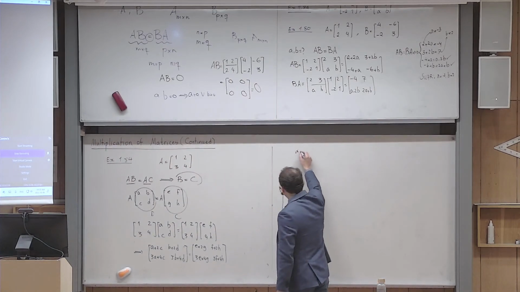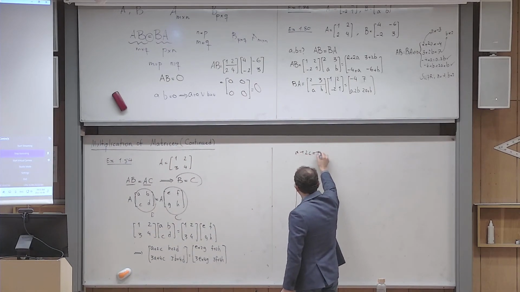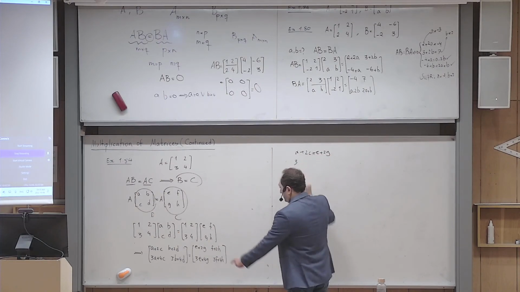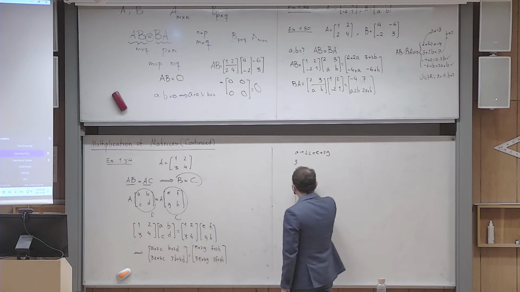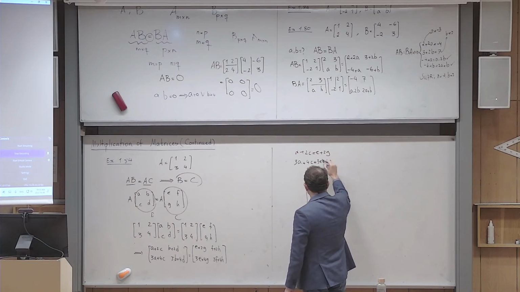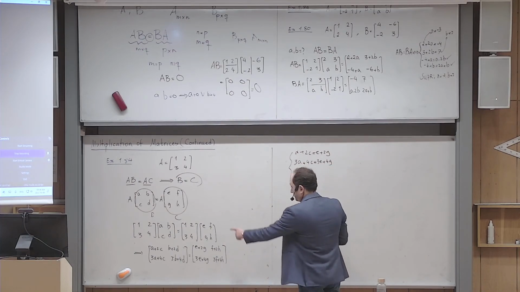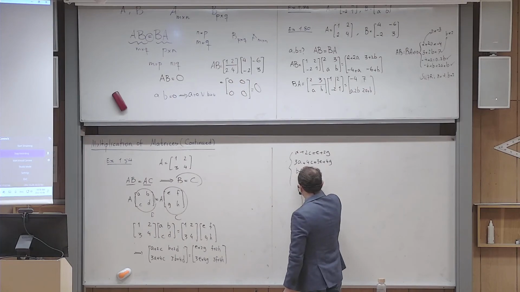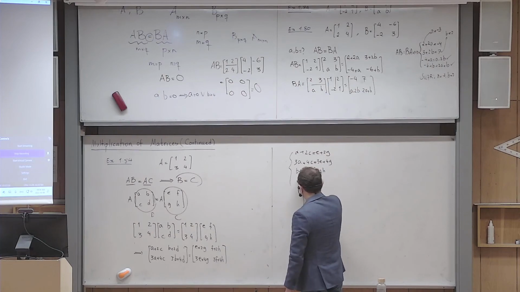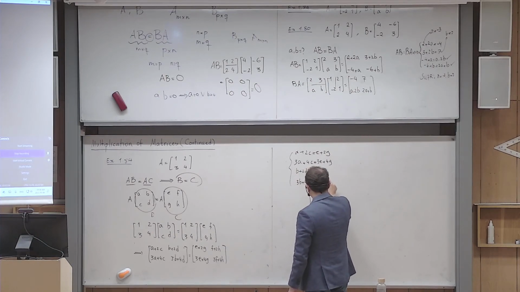Then if this matrix is equal to this matrix, I can conclude that a plus 2c is equal to e plus 2g, and then 3a plus 4c is equal to 3e plus 4g. And I also have b plus 2d is equal to f plus 2h, and then 3b plus 4d is equal to 3f plus 4h.